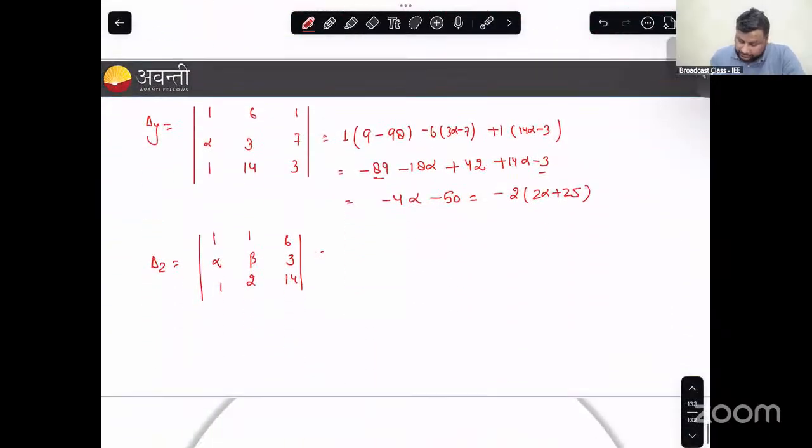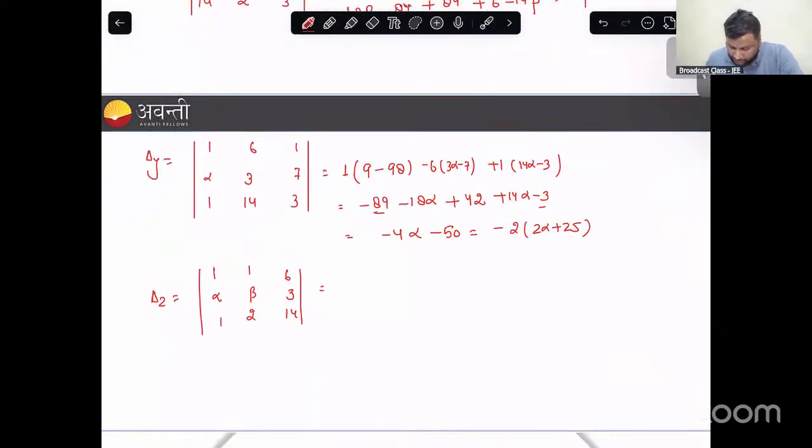Now it is 1 times 14 beta minus 6 minus 1 times 14 alpha minus 3 plus 6 times 2 alpha minus beta.